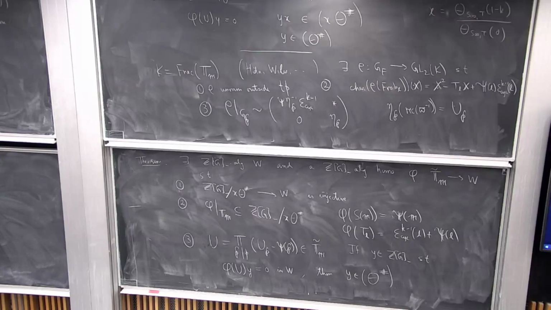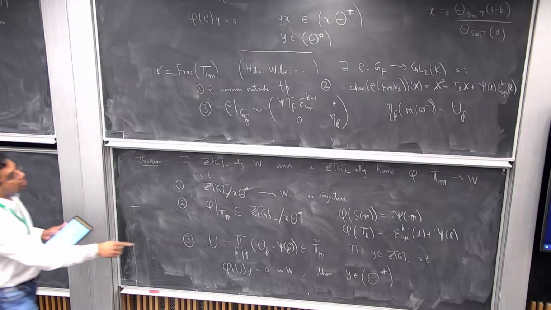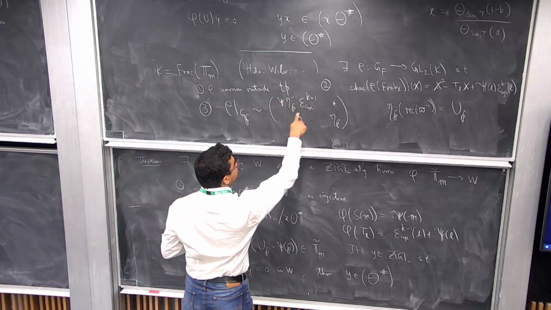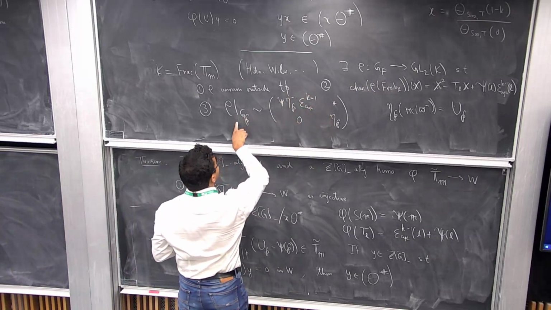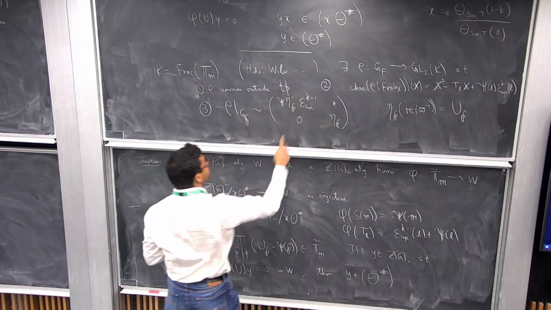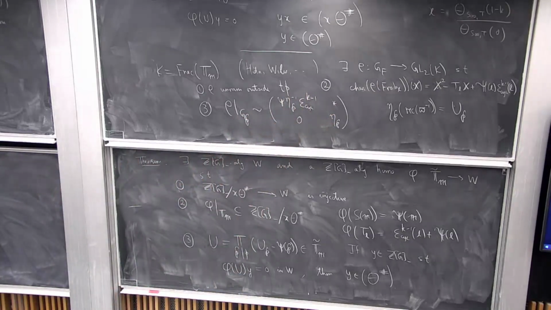And tau does not stabilize these. There's a one-dimensional space coming from the form of this locally, generated by 1, 0. So tau does not stabilize these local one-dimensional subspaces that come from the form.